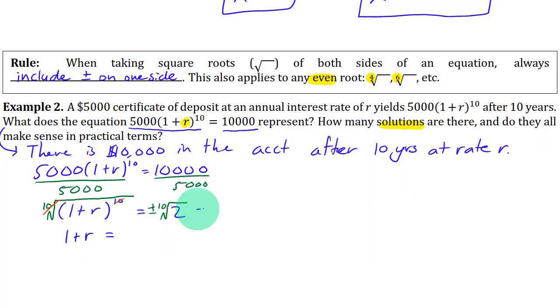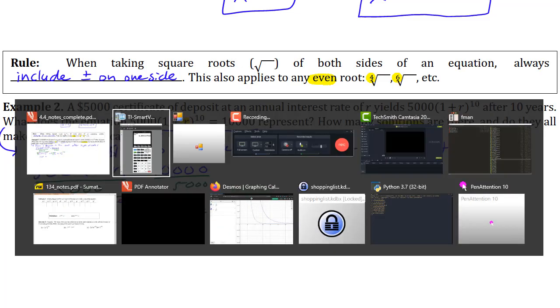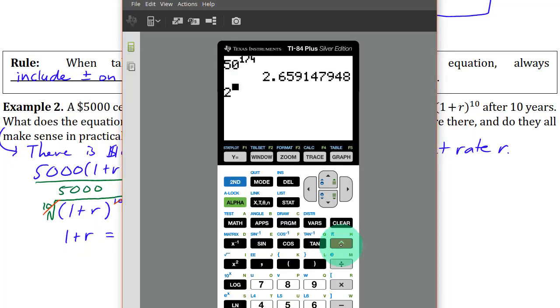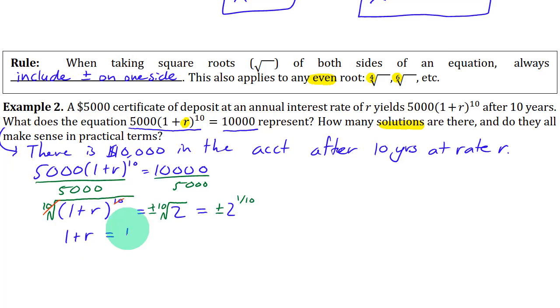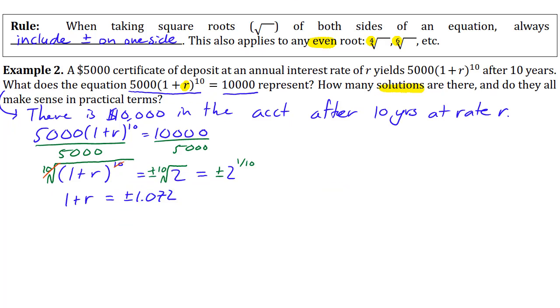Remember, the 10th root is the same thing as plus or minus 2 to the power 1 over 10, which lets you do it on a calculator, is 1.072. Sounds like enough decimal places. Okay, and if we're going to subtract 1 from both sides of this, remember the subtraction is going to work differently depending on whether you have a positive or negative number here.